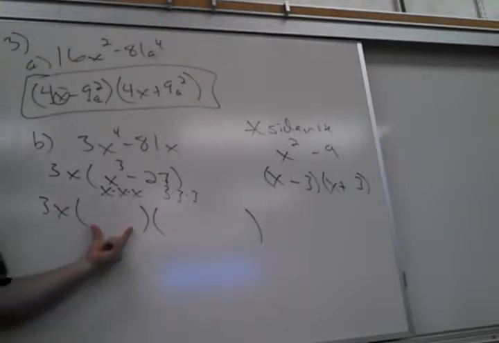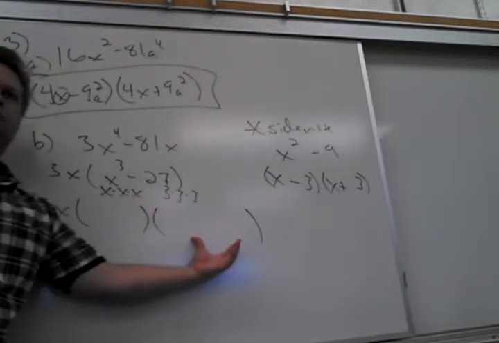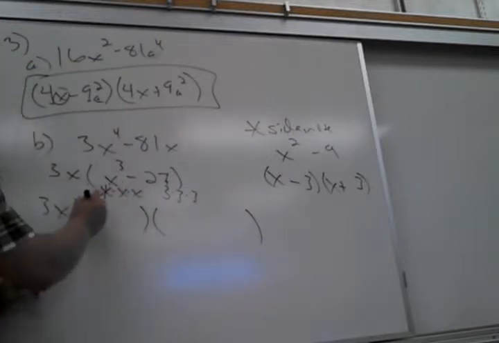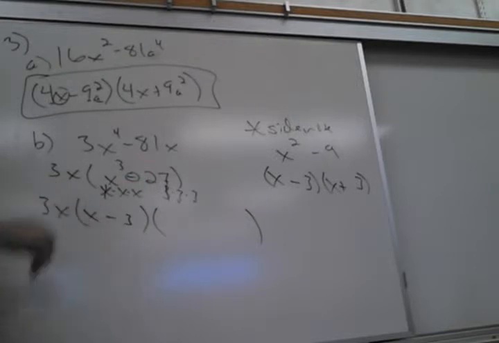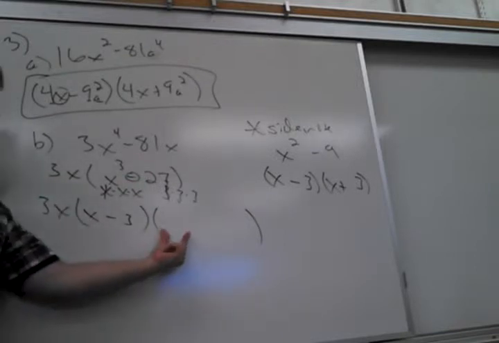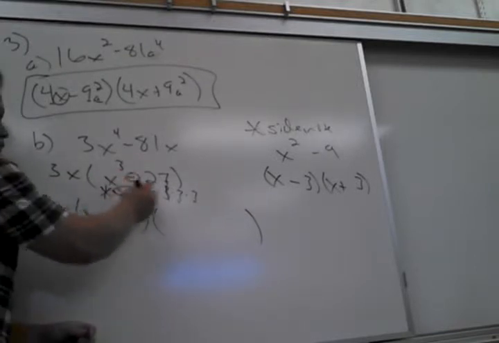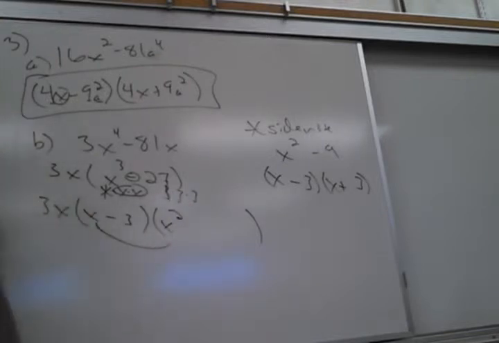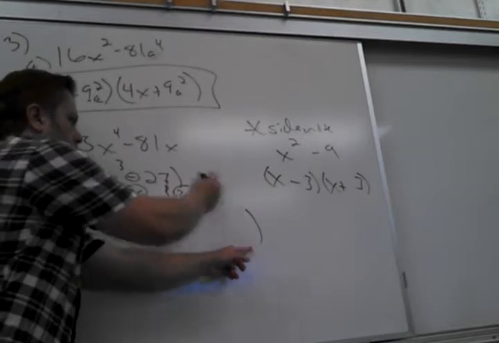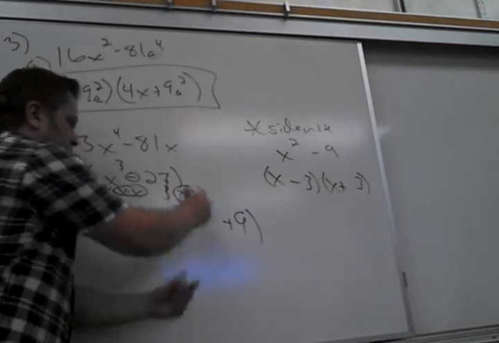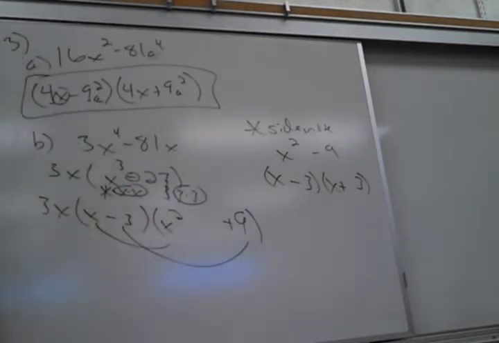So you have a little one, and you have a big one, right? So in the little one goes x minus 3. So it's always the same sign. So how many x's have to go here? 2, x squared. So that overall I get x cubed. What has to go at the end? 9. Because that's how I get minus 27, right?